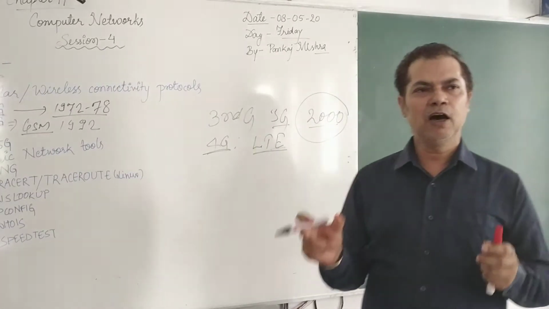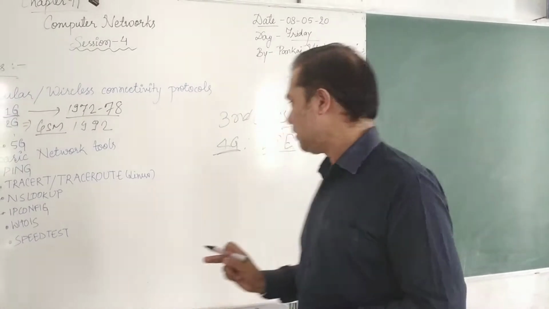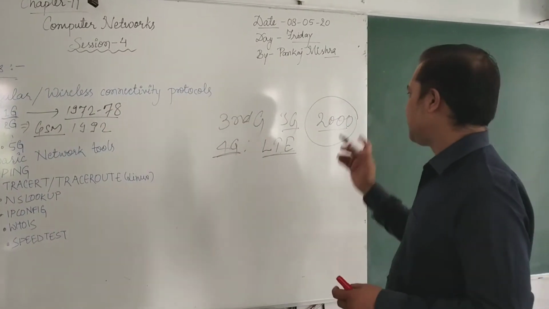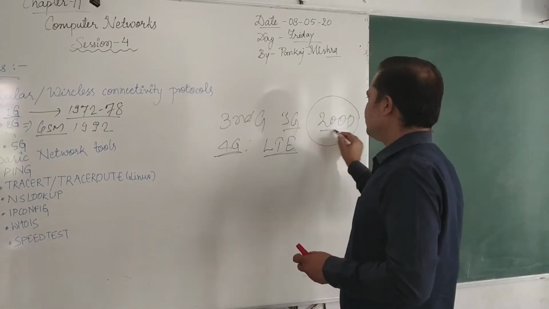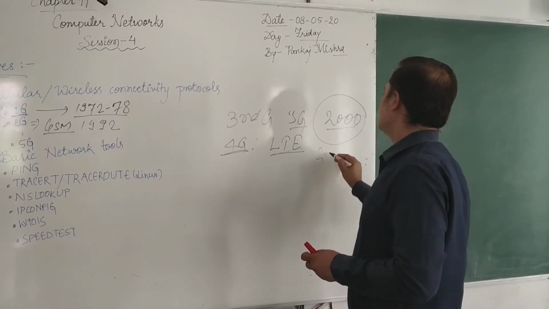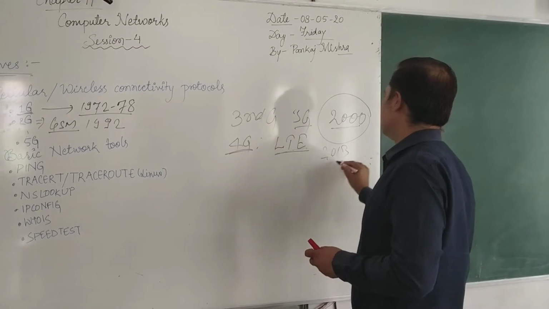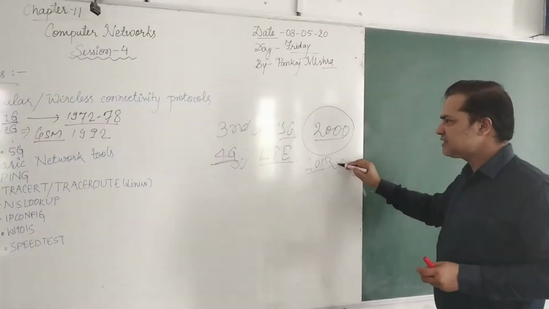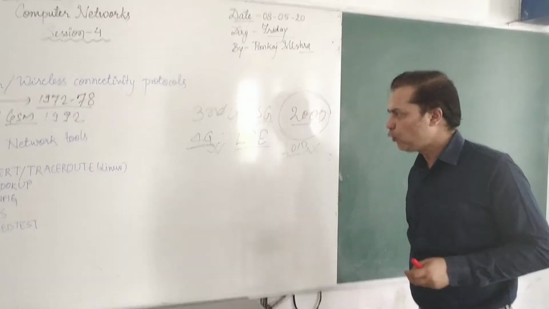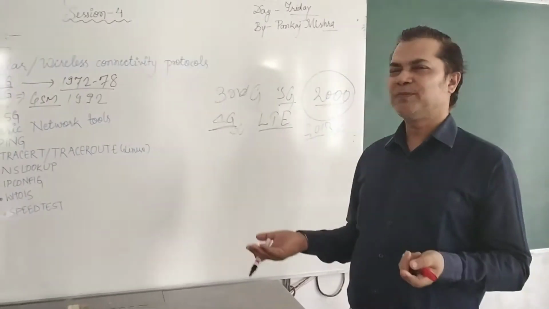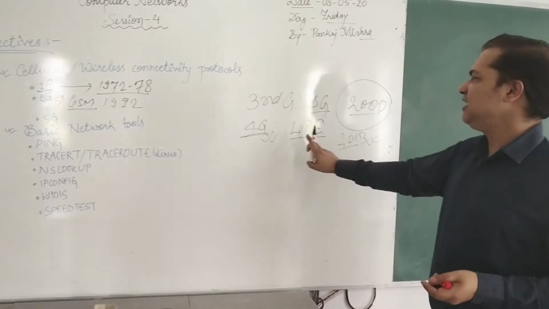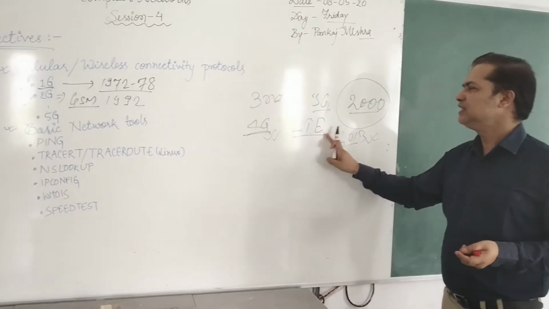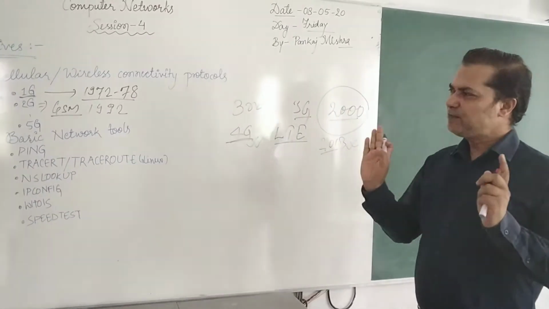LTE means long-term evolution, because if you see the gap between these two generations, in 2000 we had the third generation, and in 2013 we have the 4th generation. You can see it took 13 years to again have a 4th generation after the 3rd generation. That's why the name LTE, long-term evolution, was given. That is the 4th generation.